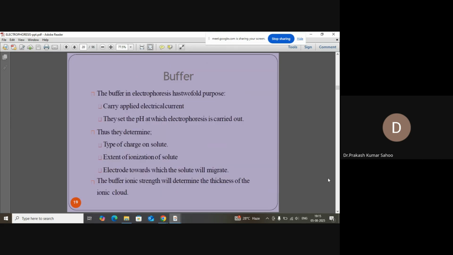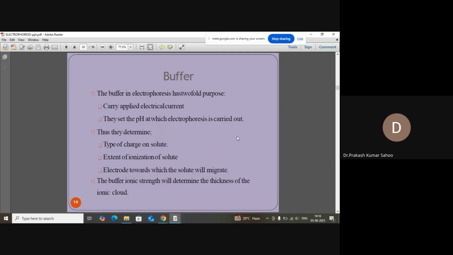As we know, a buffer solution is a solution which doesn't allow the change of pH even after addition of a small amount of acid, alkali or water to it. So a buffer solution resists the change of pH.